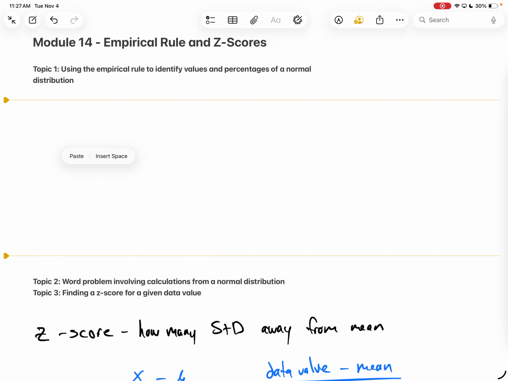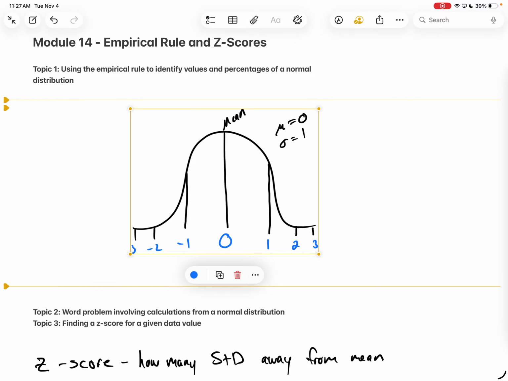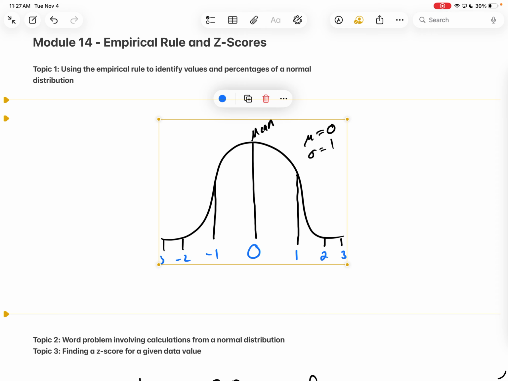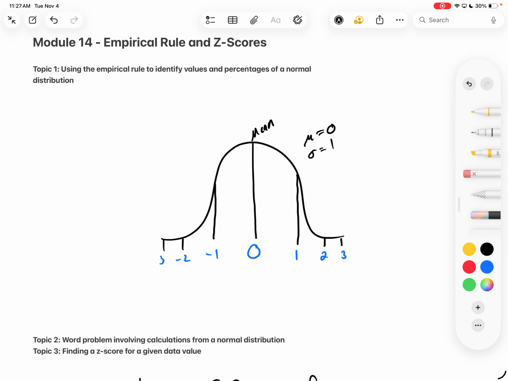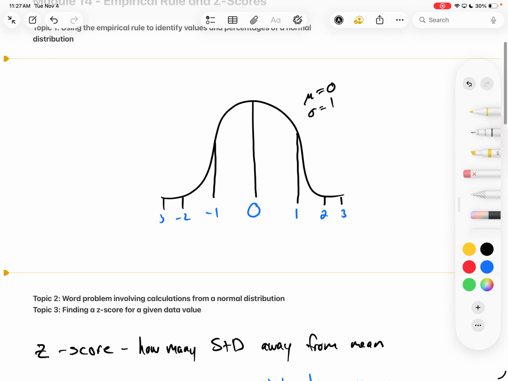Should have gone and got a pretty picture instead of my handwriting. Okay. The empirical rule is called the 68, 95, 99.7 rule. It is a standard rule, and we'll talk about next time how we get this.